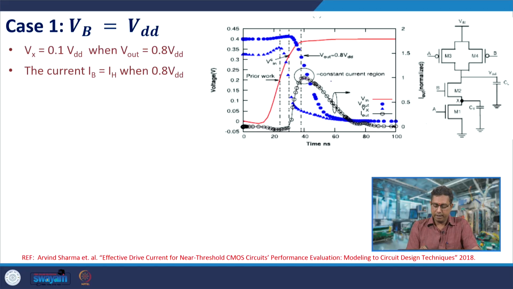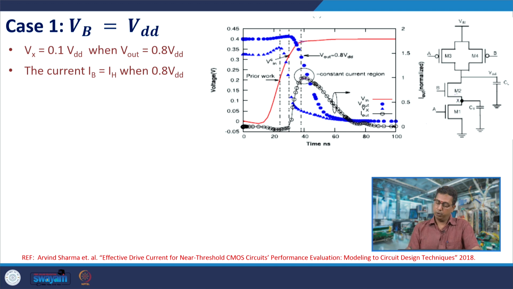Now, we discuss what happens after the value of Vout is 0.8 VDD. What happens between Vout being 0.8 VDD and 0.5 VDD? As we are seeing, the current is almost constant. Why is the current almost constant between these two? Because Va is very slowly rising here, and Vout falls rapidly.